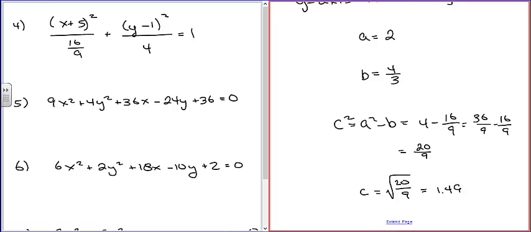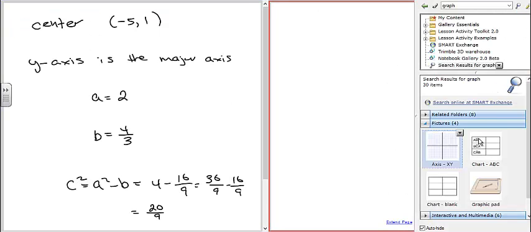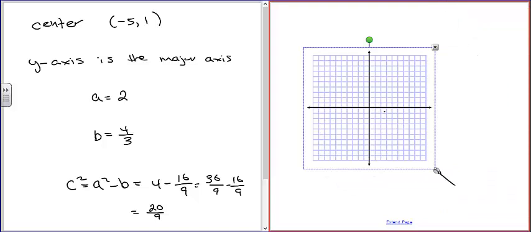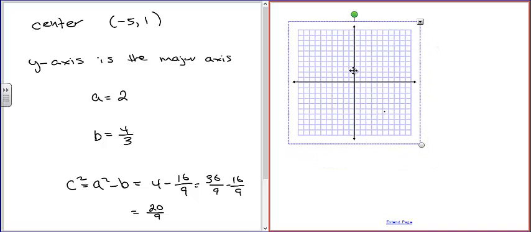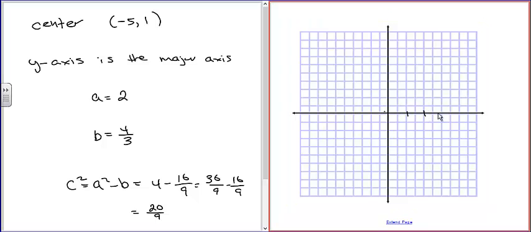Okay, so we got everything again. So now we can graph this thing. It's going to be a smaller thing, so let's see what we want to do. Let's make every 2 ticks 1 unit.